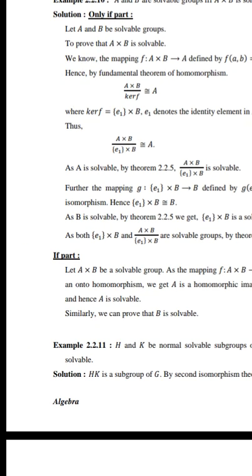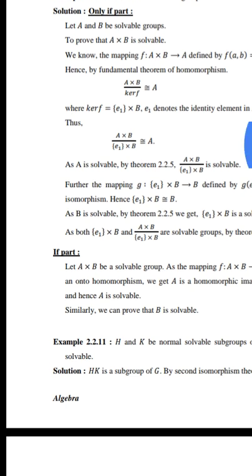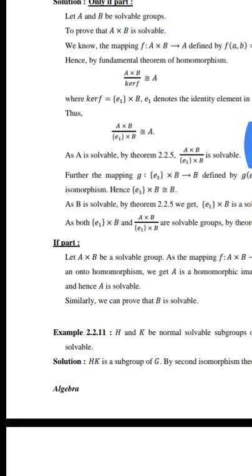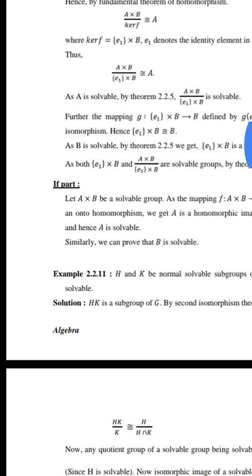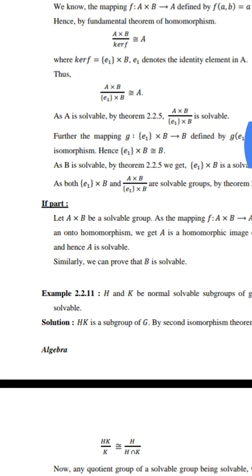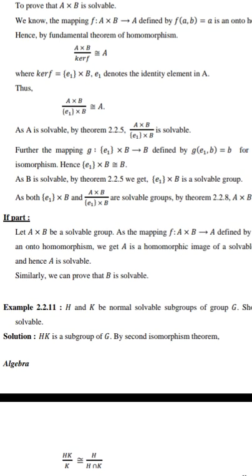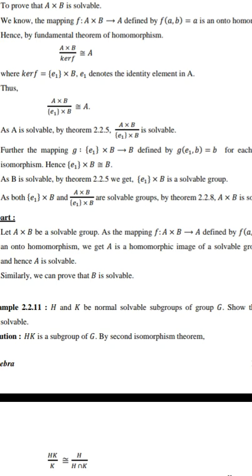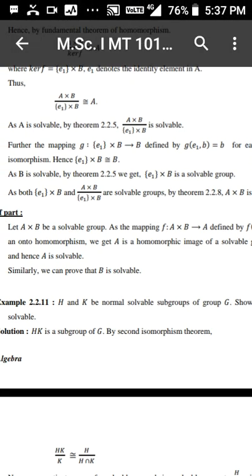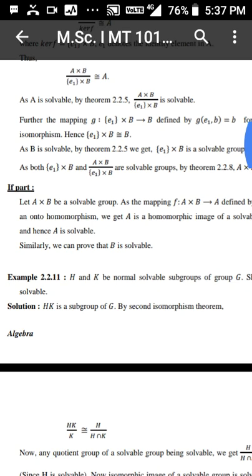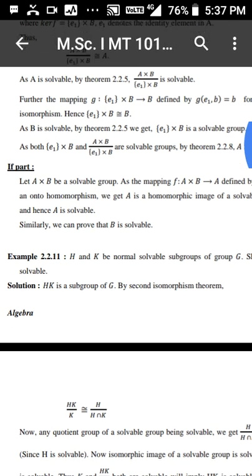Therefore, by the fundamental theorem of homomorphism, A Cartesian product B divided by kernel F is isomorphic to A, where kernel F is equal to singleton {e1} Cartesian product B, where e1 denotes the identity element in A. Thus, A Cartesian product B divided by singleton {e1} Cartesian product B is isomorphic to A. As A is soluble, therefore A Cartesian product B divided by singleton {e1} Cartesian product B is soluble.